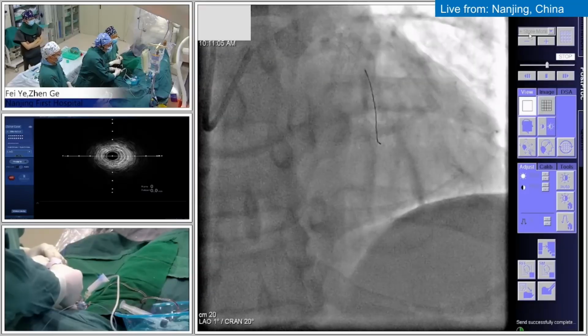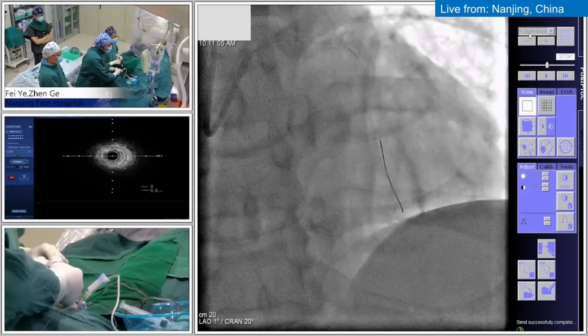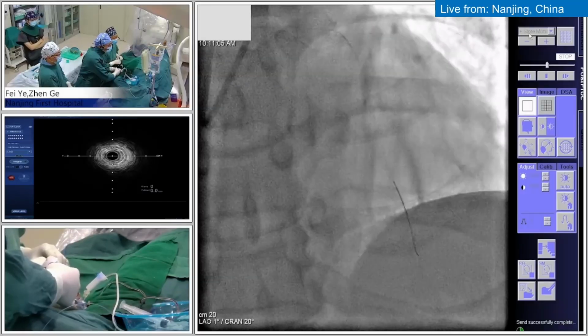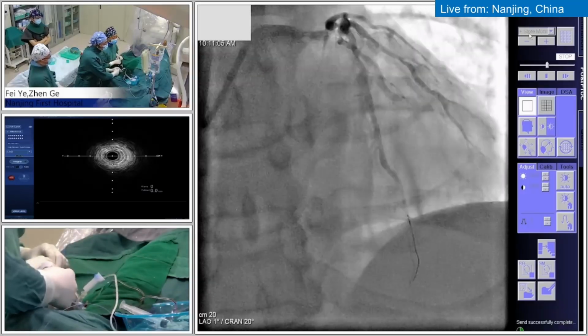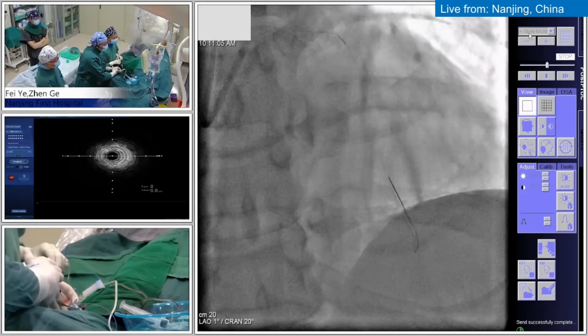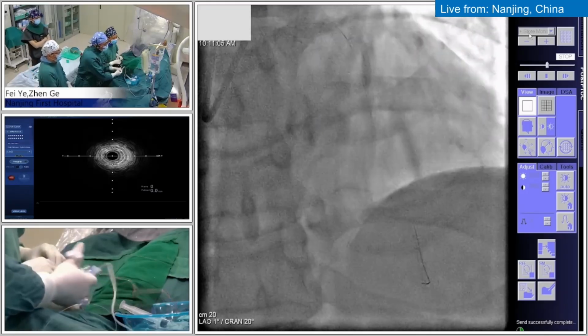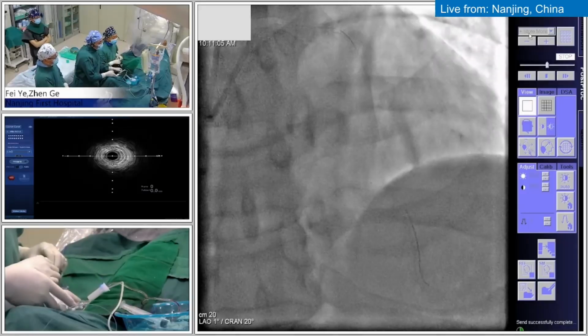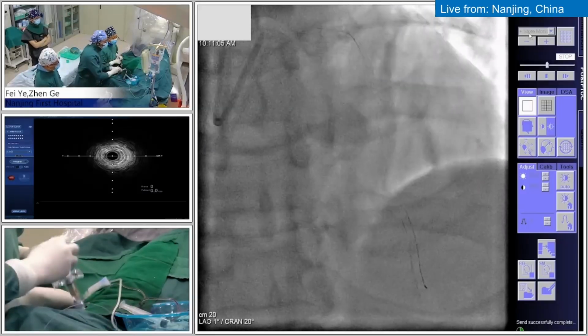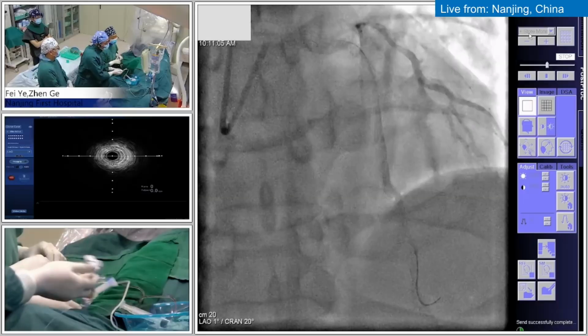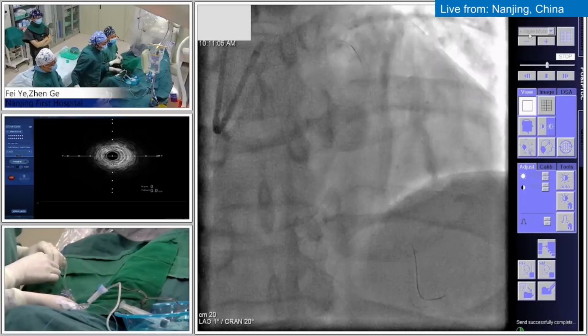So you want to use IVUS or OCT for your imaging guidance? That's a great question. For this particular patient, for the distal left main, I want to use IVUS to guide the PCI.